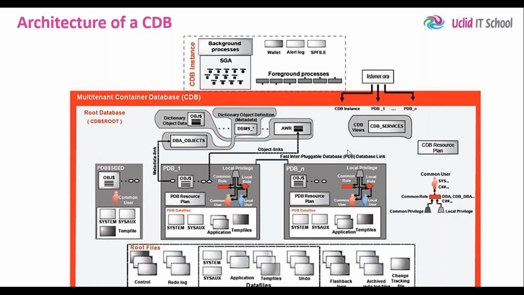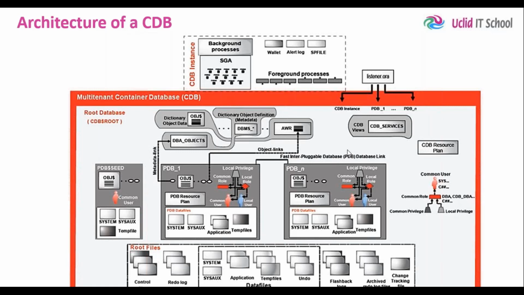Now in a container database, there is a new set of views that start with CDB underscore, which show overall container database level information, which may pertain to all the PDBs. So if I want to see how many data files are there in my container database, all the data files belonging to different PDBs, I can query CDB views. It will show information about all the databases.